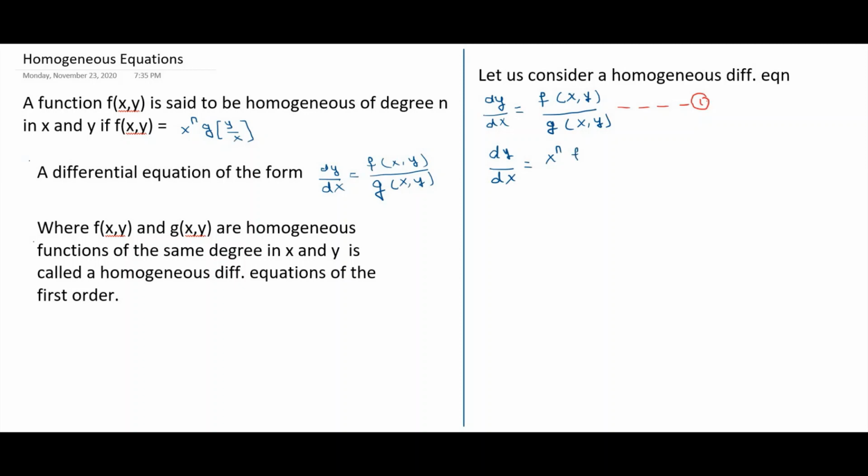Then the function changes, and that changed function we can write as phi, and the remaining term is in the form of y divided by x. Similarly, in the denominator also you can take x raised to n common, then the g function changes and let us call it psi, with the remaining term in the form of y divided by x.